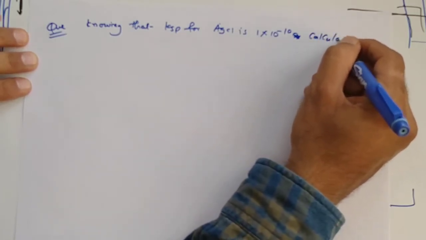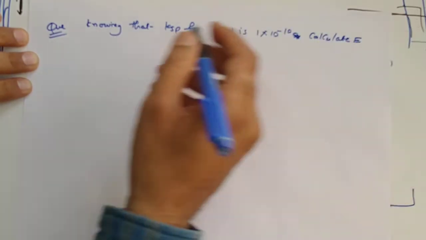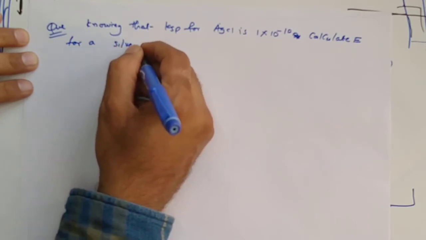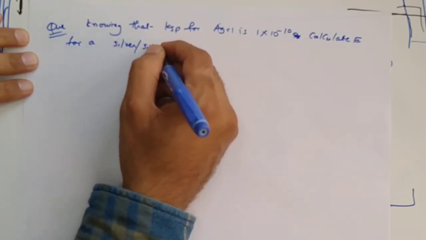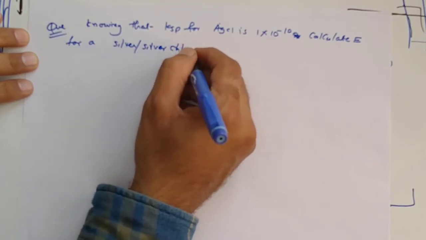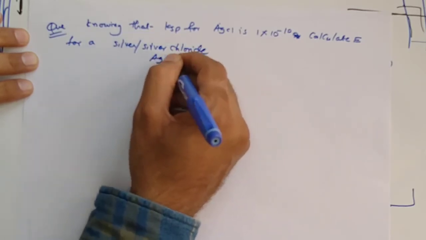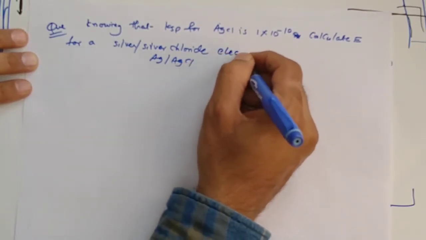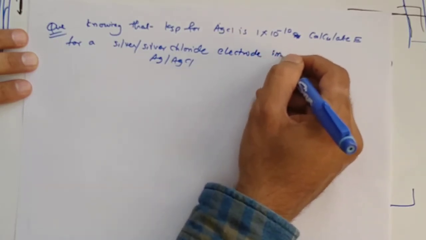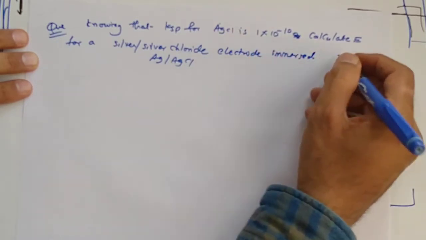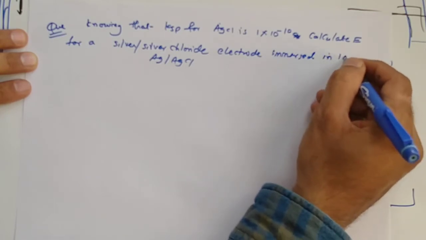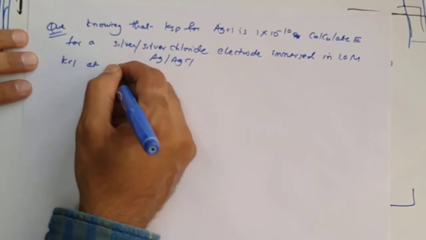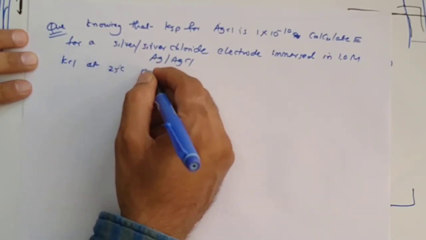Calculate E for a silver/silver chloride, means Ag/AgCl, electrode immersed in 1 molarity KCl at 25 degrees Celsius.